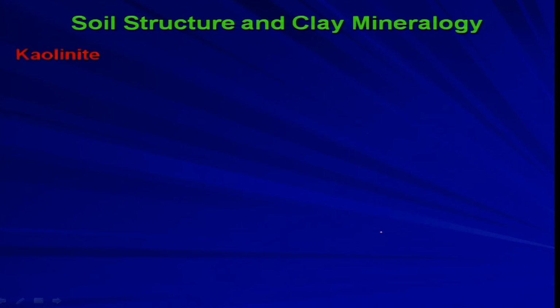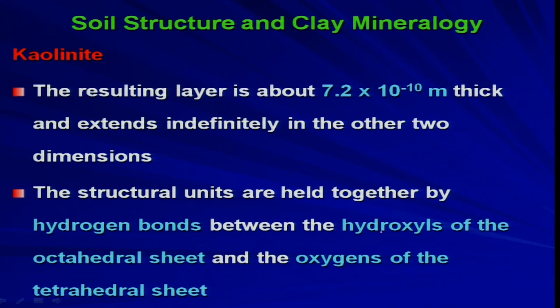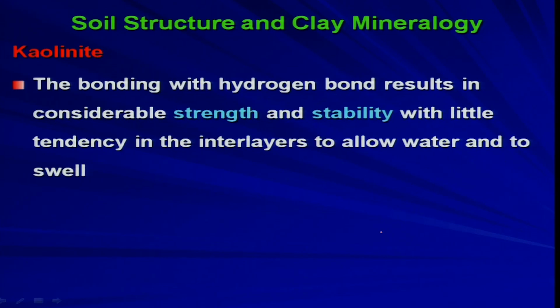It is formed between the hydroxyls of the octahedral sheet and the oxygens of the tetrahedral sheet. The bonding with hydrogen bond results in considerable strength. As you know, hydrogen bond is very strong.